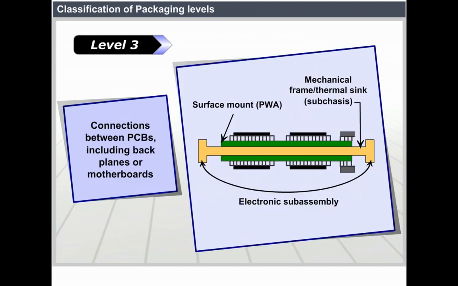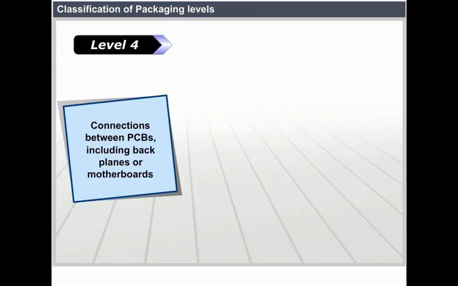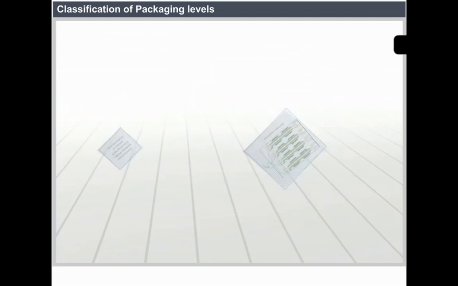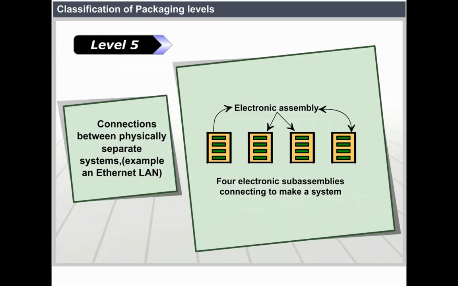Level 3, connections between PCBs including backplanes and motherboards. Level 4, connections between sub-assemblies, for example a rack. Level 5, connection between physically separate systems, example an Ethernet LAN.